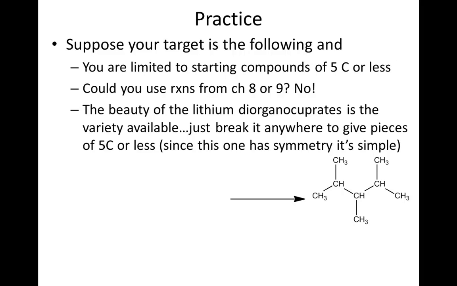And then in Chapter 9, that was the terminal alkynes. Now, a terminal alkyne has a triple bond at the end of a chain, and those 2 carbons have 3 bonds between each other, which limits how much branchiness there can be. So if this is your target molecule, you don't have any carbons in here that are not branchy.